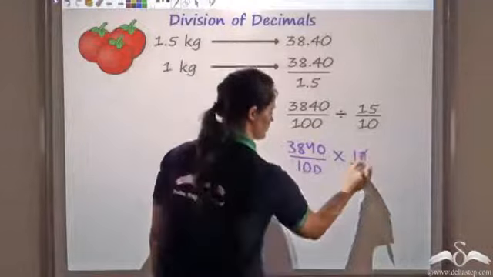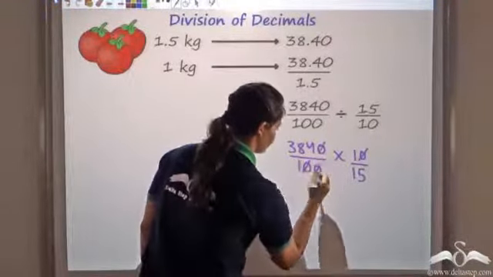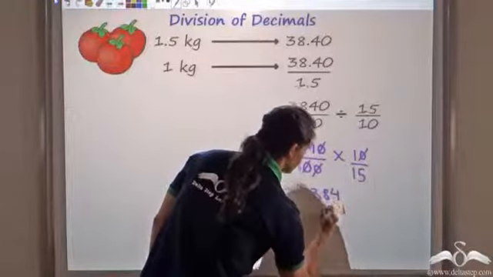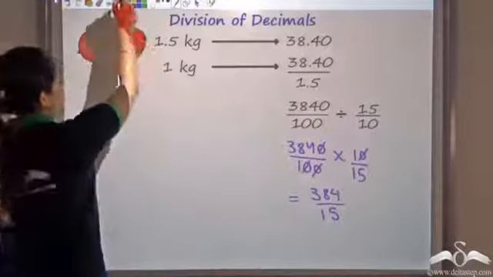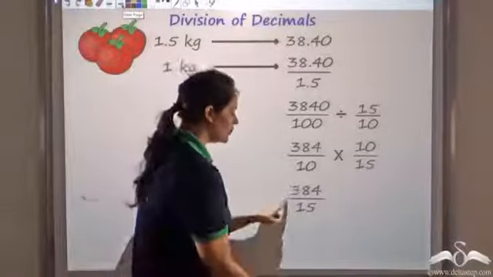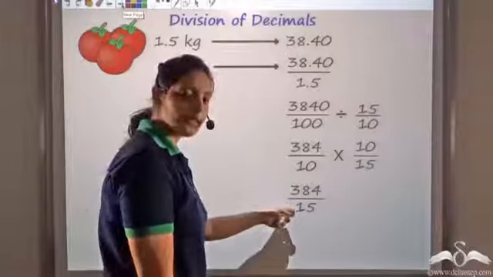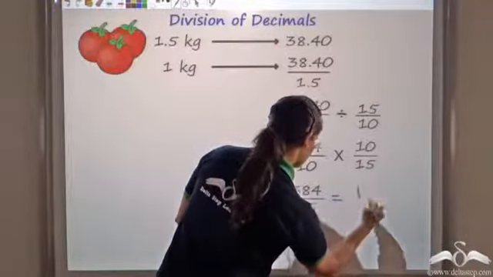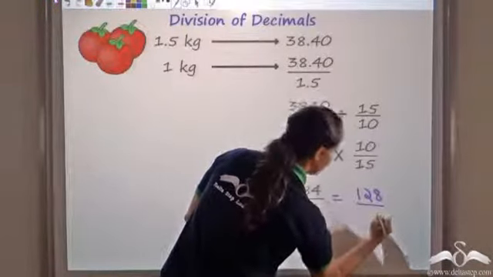Now cancelling the 0, what I get is 384 by 15. Now I can divide the numerator and denominator by 3, which gives me 128 by 5.